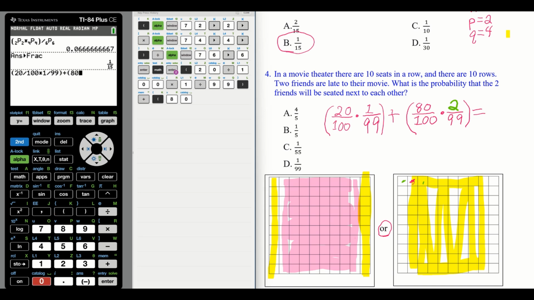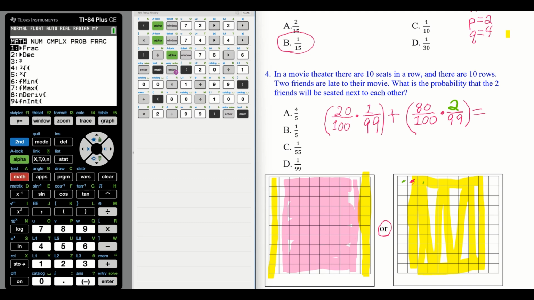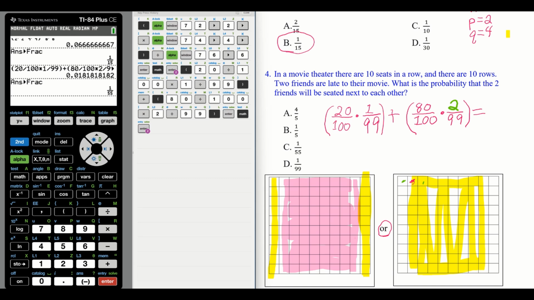We have the 80 out of the 100 times the 2 seats out of the 99 seats. Close our parentheses. Enter. Okay, we need a fraction again. So we have math, enter, enter, 1 out of 55. And that's option C. Okay, perfect.